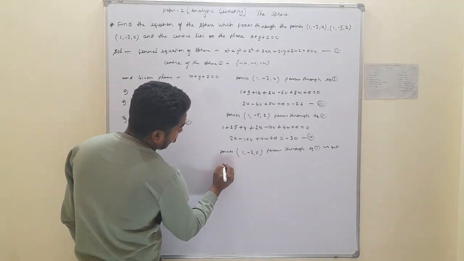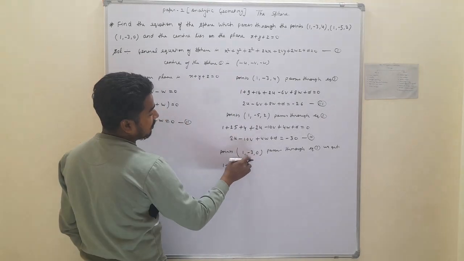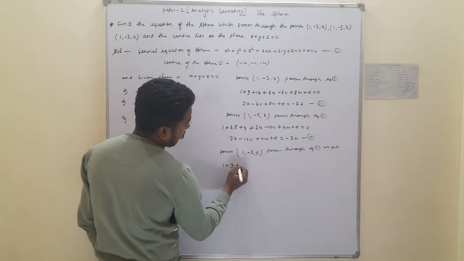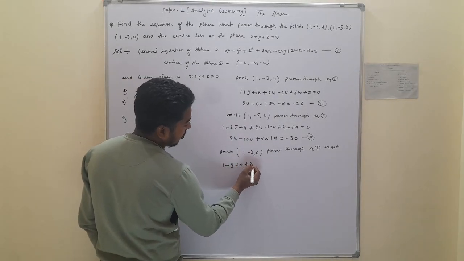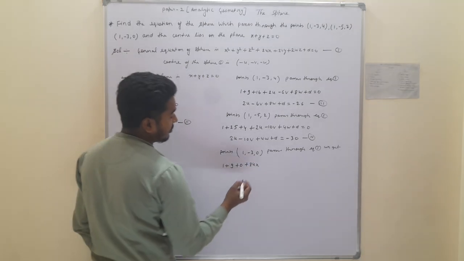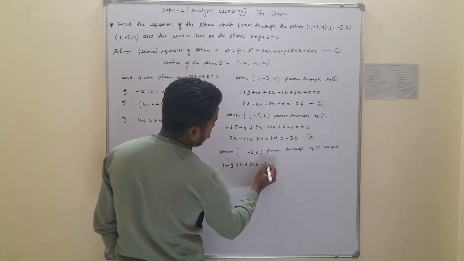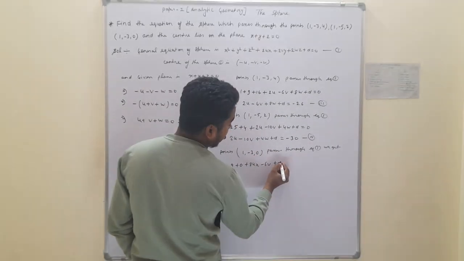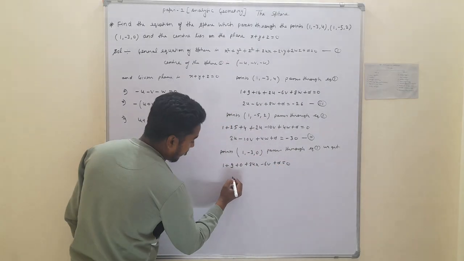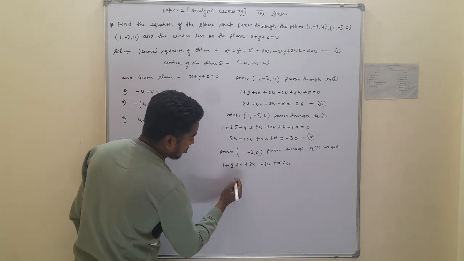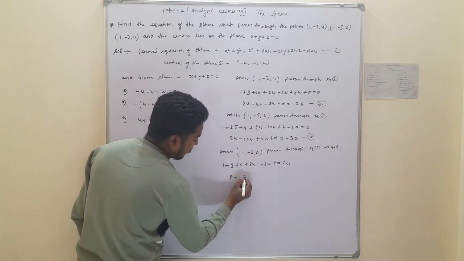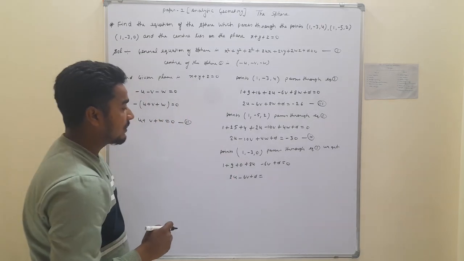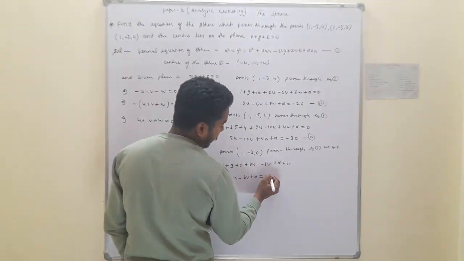We get 1 + 9 + 2u - 6v + d = 0. From here we write 2u - 6v + d = -10, since 1 + 9 is 10 and is taken to the right-hand side.